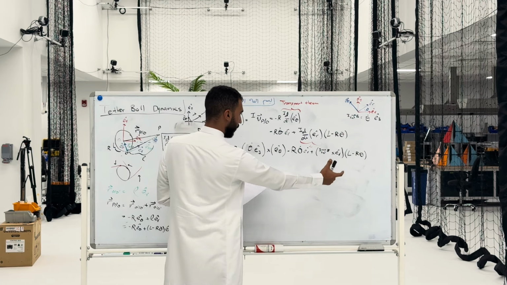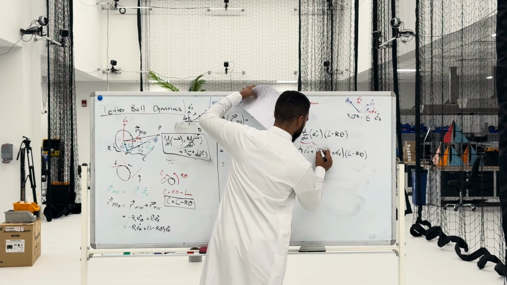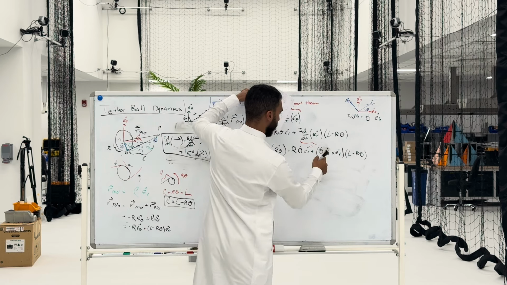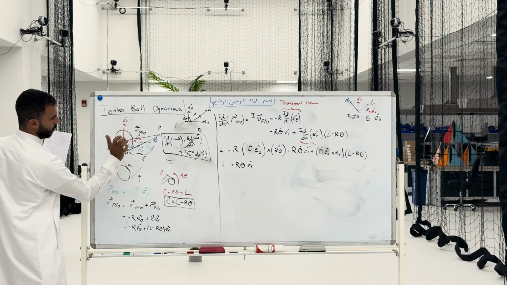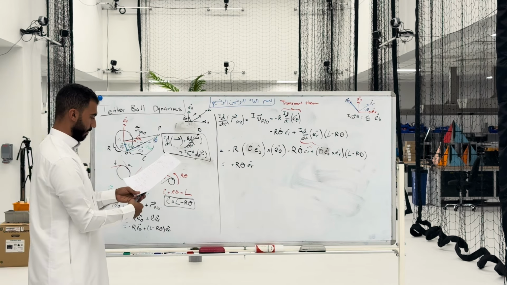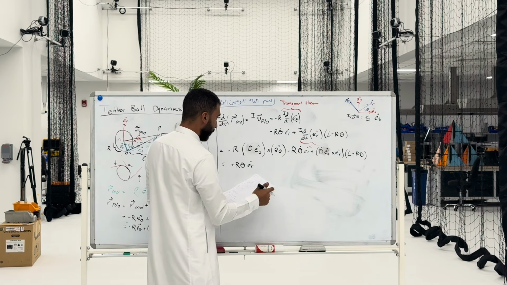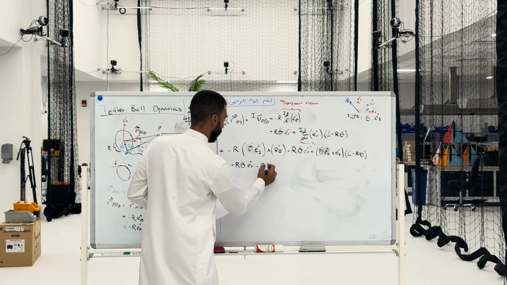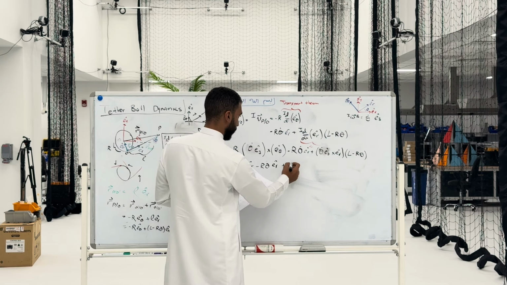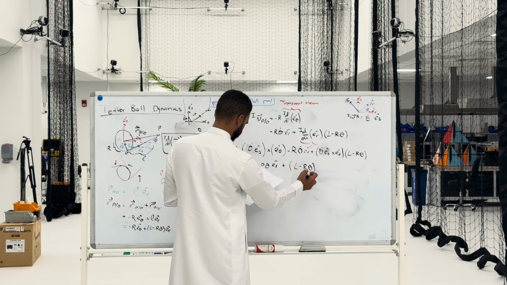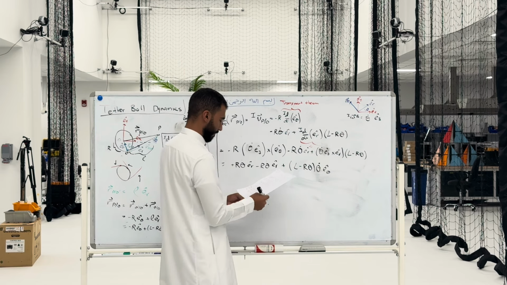What do we have here? That's theta dot E3 cross ER. E3 cross ER is theta. So we have negative R theta dot ER plus L minus R theta theta dot E theta.